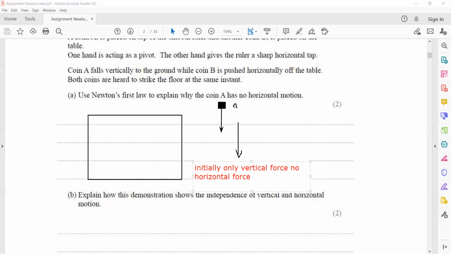According to Newton's first law, if there is a resultant force, there is acceleration. But there is no resultant force in the horizontal direction.